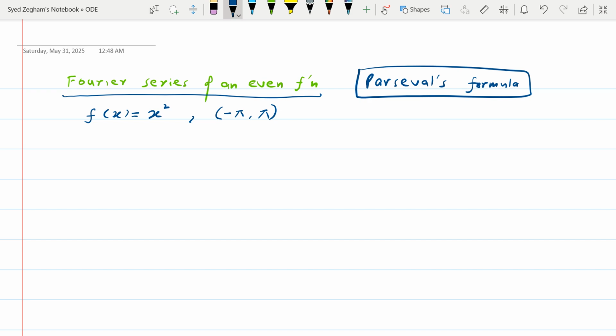And when we were calculating the Fourier series, we obtained the Fourier coefficients: a naught was found as 2 pi square by 3, and we obtained an as 4 times minus 1 power n by n square, and because this is an even function, our bn will be equal to 0, right?